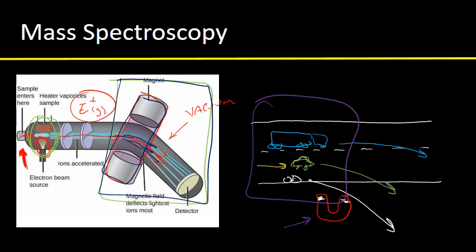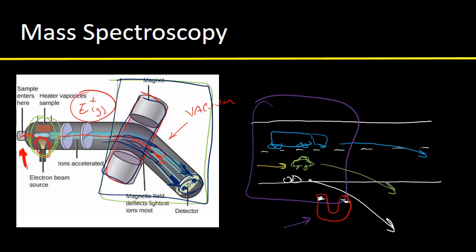So heavy ions are going to be deflected a small amount, and very lightweight or low mass ions are going to be deflected much more. And so if you look at this detector here, things that are hitting on that side of the detector have a large mass, things that are hitting on that side have a smaller mass, and you can measure the mass of all the different particles by where they hit on that detector screen.